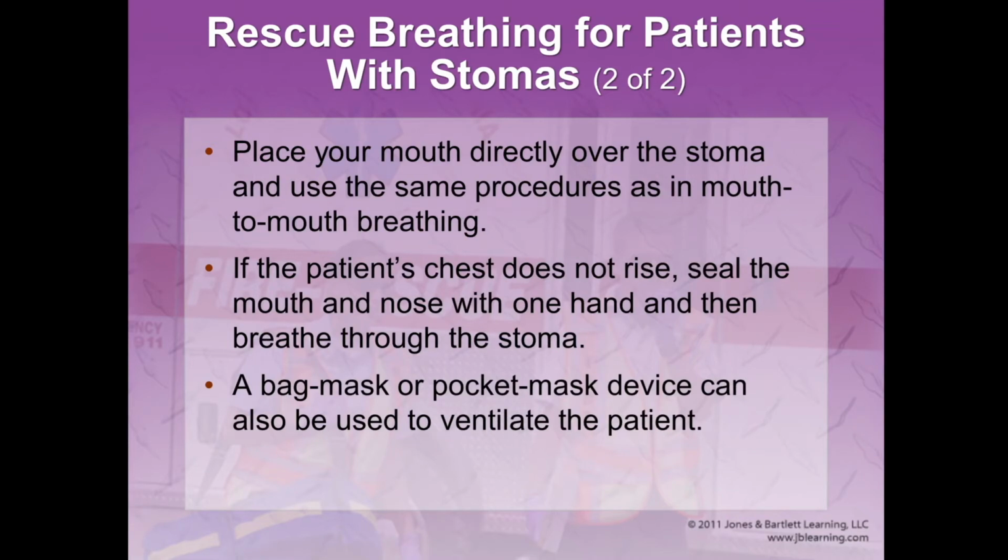Again, if you're giving rescue breaths, artificial ventilations, you're doing that via the stoma. Place your mouth over the stoma, use the same procedures as mouth to mouth, and make sure that you cover the person's mouth and nose so air doesn't escape that way and it's all getting pushed into their lungs.